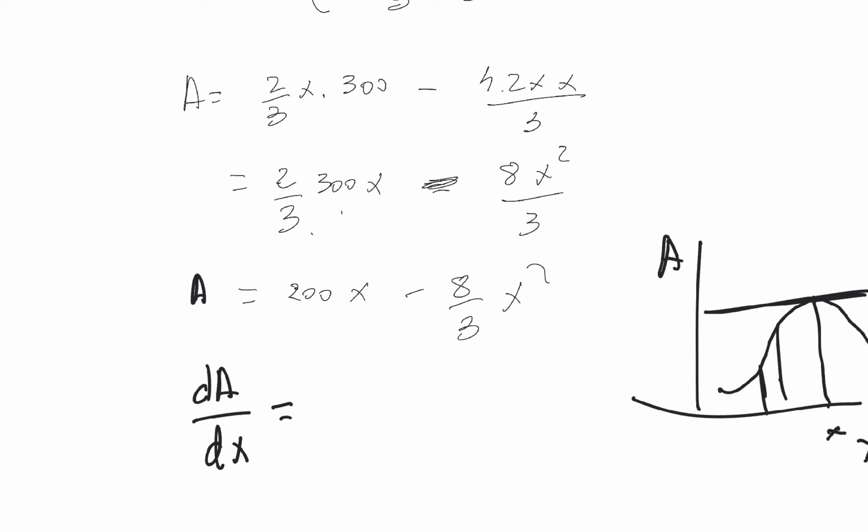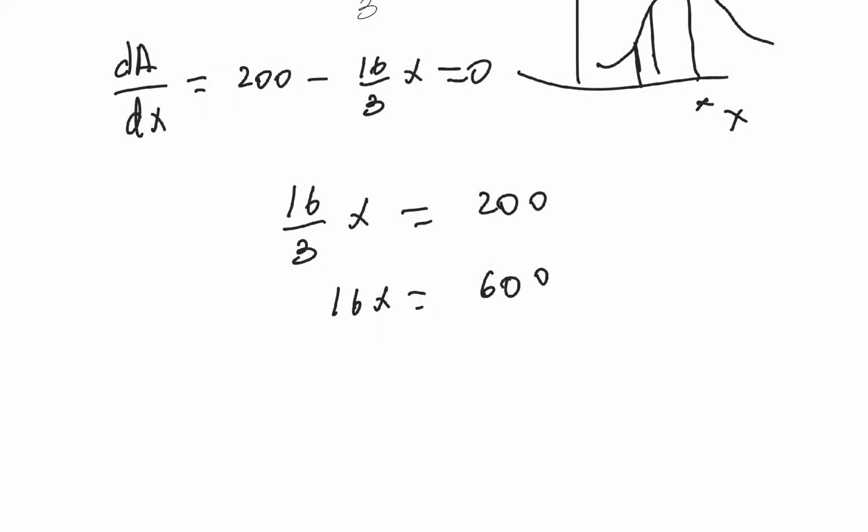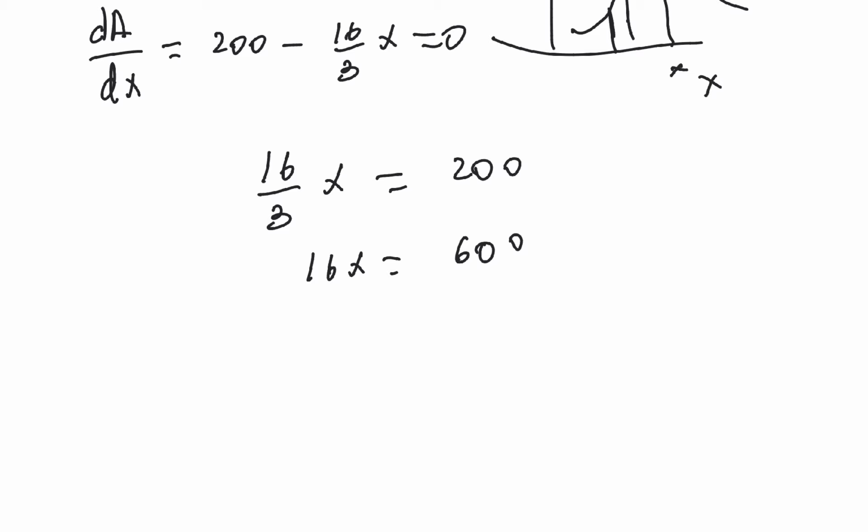So the derivative of A with respect to x is 200 minus 16 divided by 3 x. And this should be equal to 0. So this means that 16 divided by 3 x is equal to 200. It means that 16x equals 600, 3 by 200, 600. So the x is 600 divided by 16. So this is the x that maximizes the area.